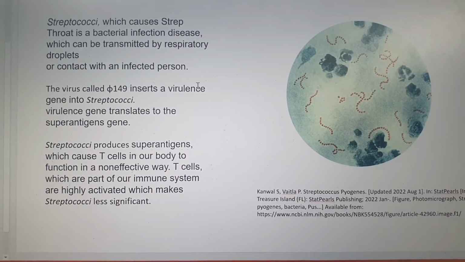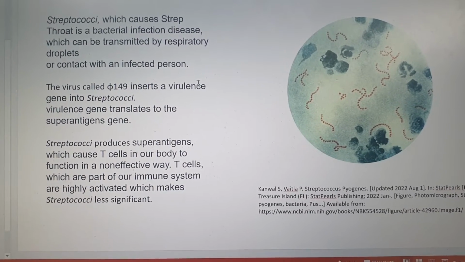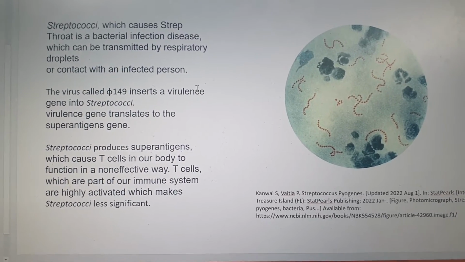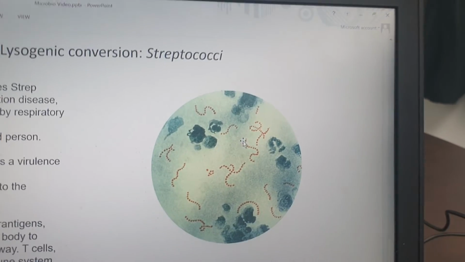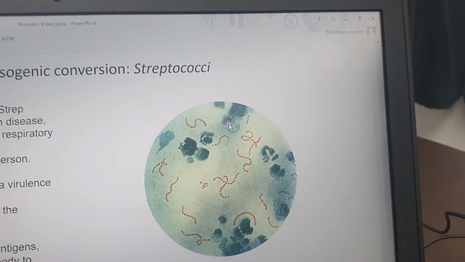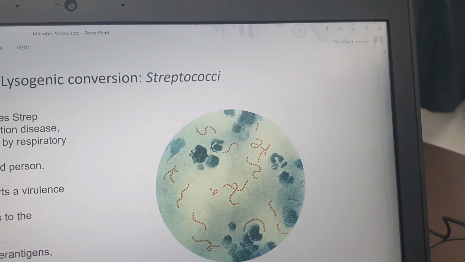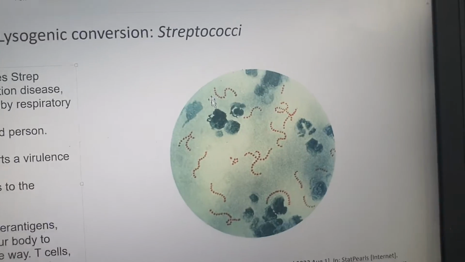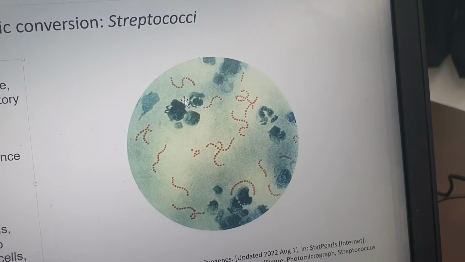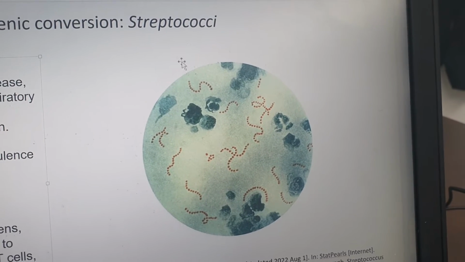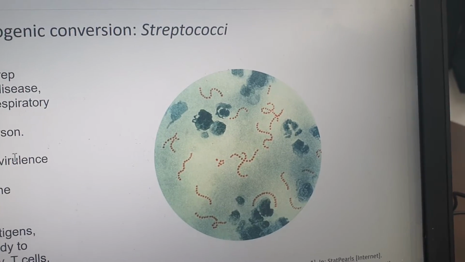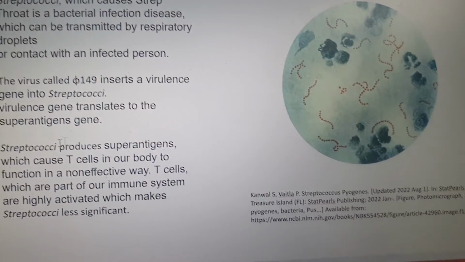T cells are part of our immune system and are highly activated, which makes streptococci less significant. So what I'm trying to say is that the virus called theta 149 injects its DNA, and its DNA gets incorporated into the host bacteria, which is streptococci, which causes strep throat.